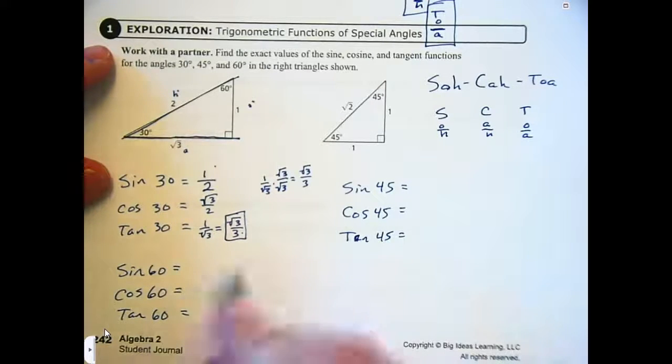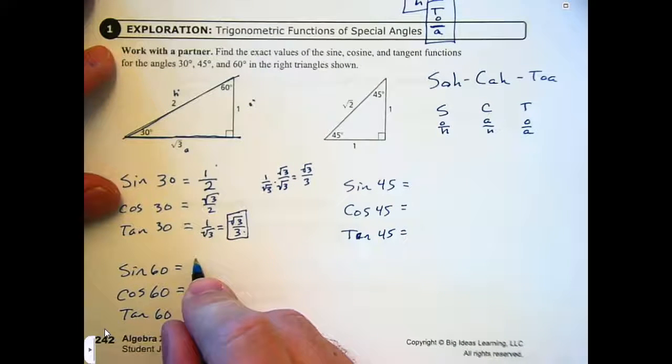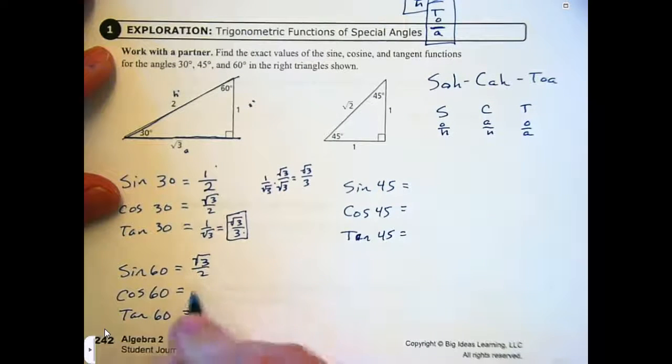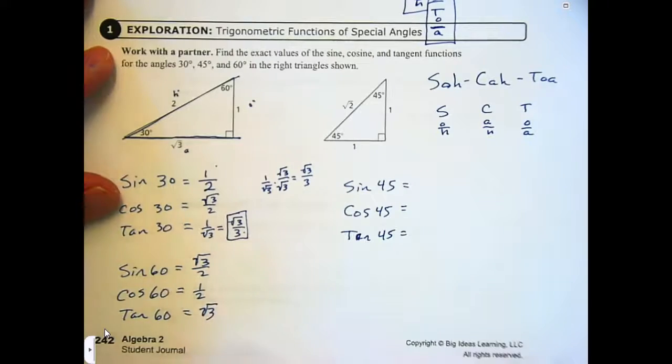Sine of 60 is? Root 3 over 2. Cosine of 60? Tangent? Root 3, right? Over 1, which is just root 3.